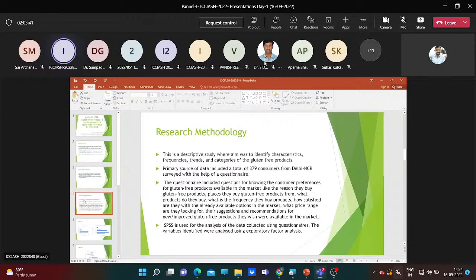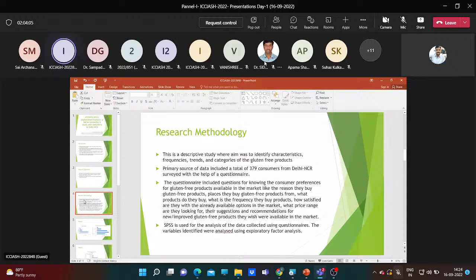To highlight the study, we took the tier 1 and tier 2 cities of Delhi NCR because of the population diversity in these cities and the awareness of the healthier alternatives present in the market.